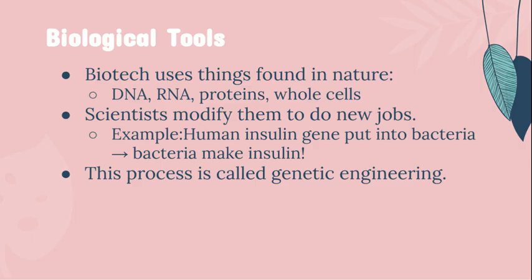Scientists modify them to do new jobs, like putting the human insulin gene and inserting that into bacteria, so that the bacteria then make our insulin, and then it is processed and given to patients to control their type 1 diabetes. This process of creating human insulin is called genetic engineering.